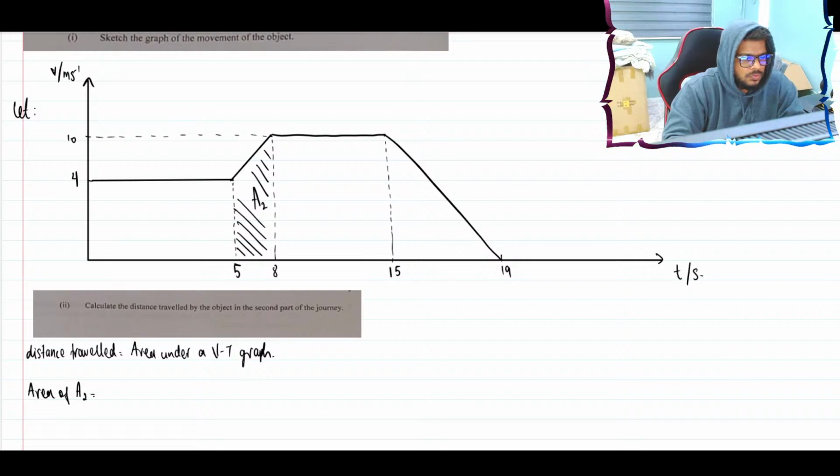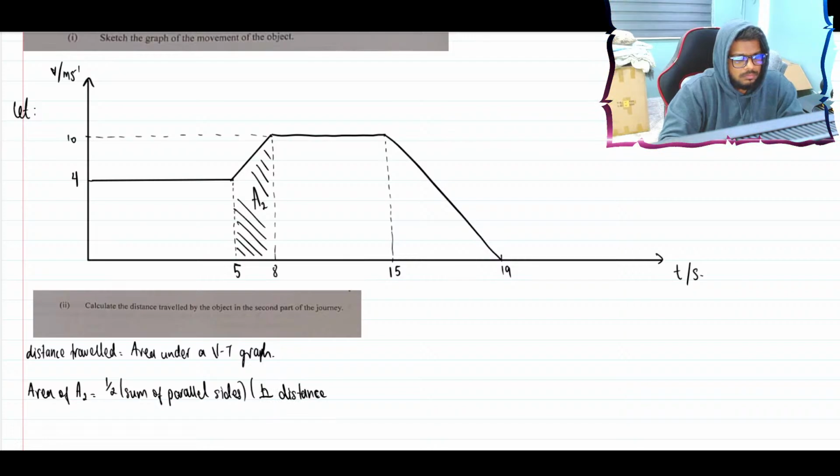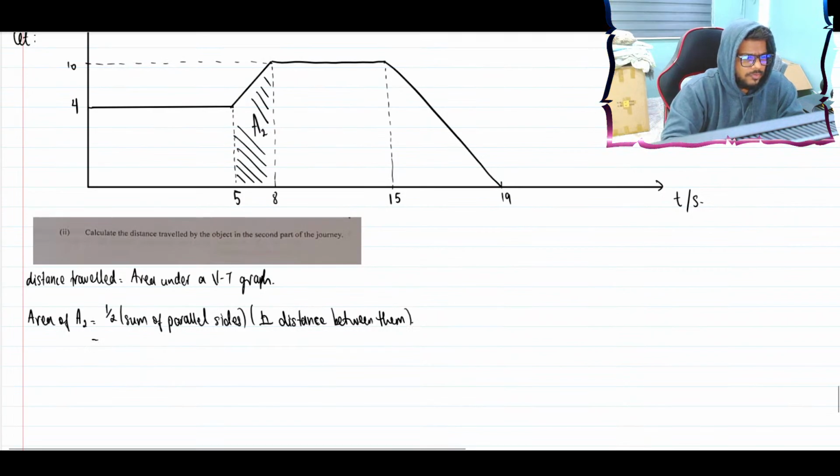So A2, the area of that trapezium, is half the sum of the parallel sides multiplied by the perpendicular distance between them. So that will be half.